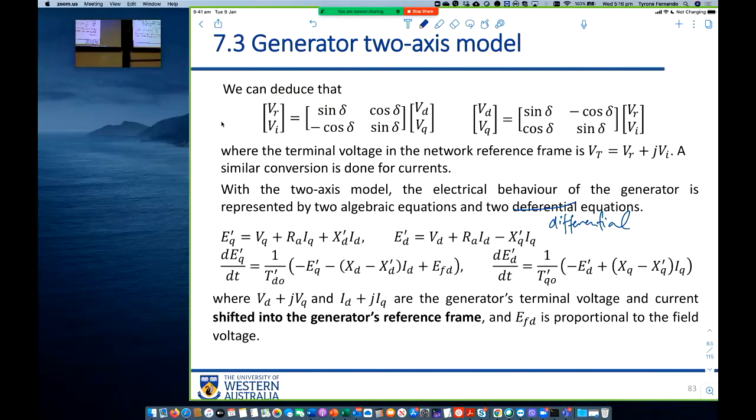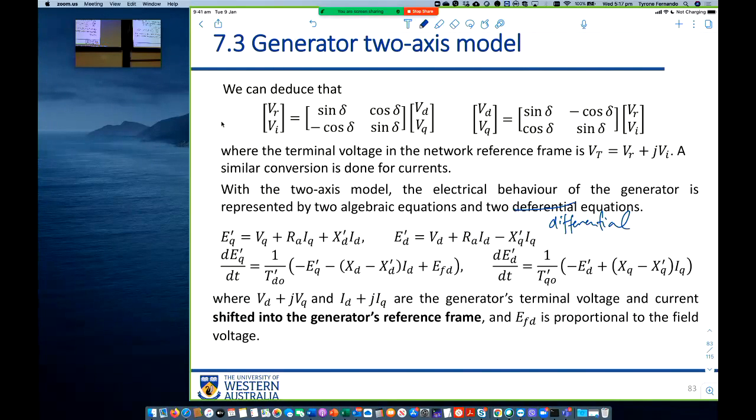Because E has an angle delta, in the RI reference frame it has a real part and an imaginary part, so we can separate them. The voltage E in the RI reference frame I can convert to the DQ reference frame. Again, it will have a D component and a Q component.